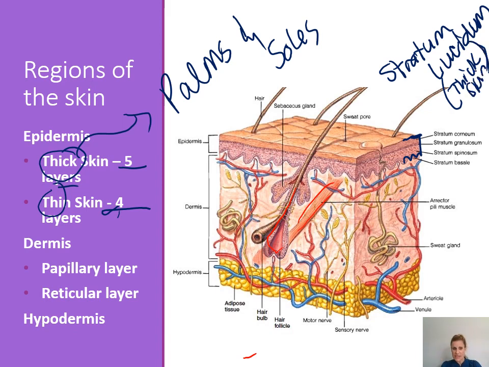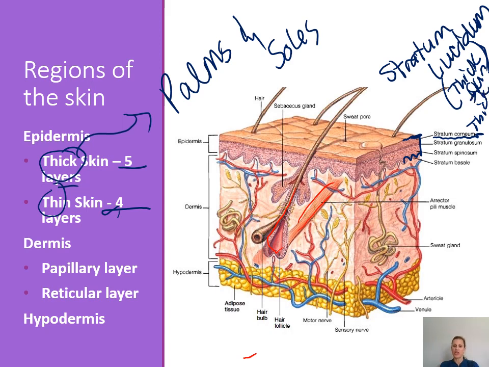Another major difference is that the outermost layer, the stratum corneum, is much thicker. Stratum just means layer, like the strata of the earth, right? These are the different strata of the epidermis, the different layers of the epidermis. The outermost layer, the stratum corneum, is very thick in thick skin.